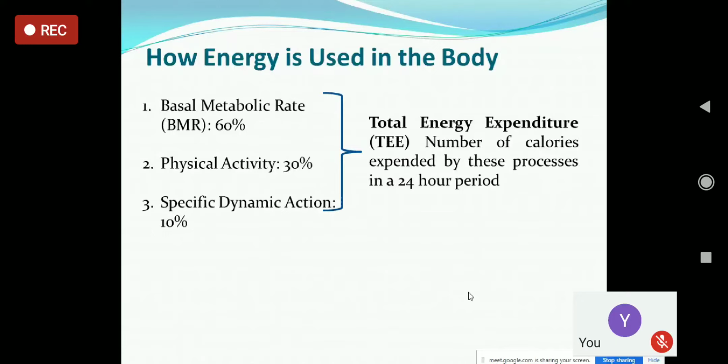Number of calories expended by these three processes in a 24-hour period. You are taking in all those macronutrients to meet these requirements: basal metabolic rate, physical activity, and specific dynamic action or thermic effect of food.